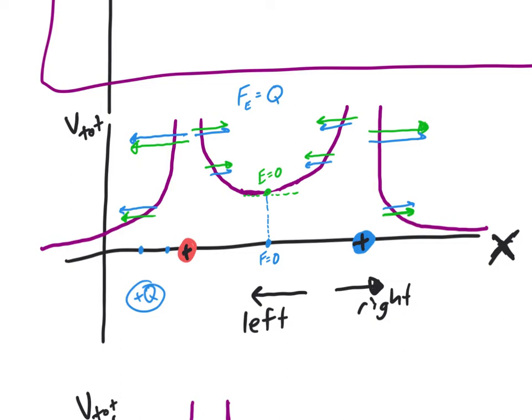Okay? So it could be the charge of a proton, 1.6 times 10 to the negative 19 coulombs. Or it could be a 1 nanocoulomb charge. Okay? That's still a positive charge. And it will experience a force in the same direction as the electric field, but the force will be scaled with the strength of the charge.